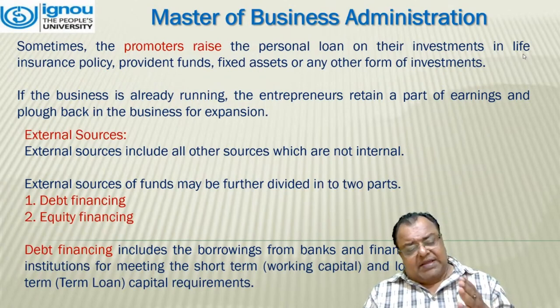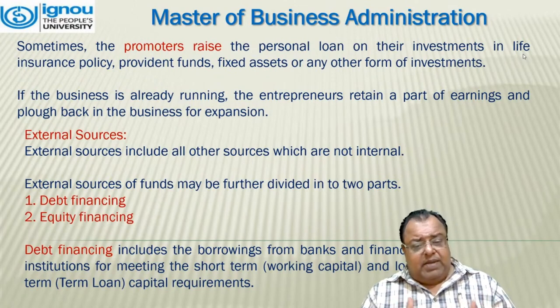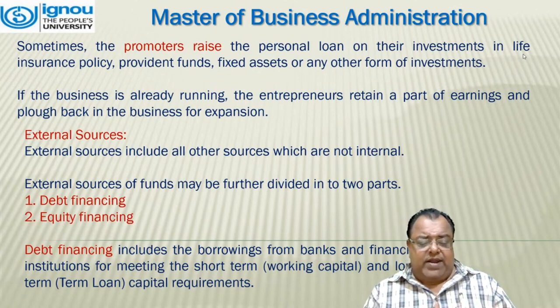If we talk about external sources, external sources include all other sources which are not internal. External sources of fund may be further divided into two parts. The first one is debt financing, and the second one is equity financing. What is debt financing?